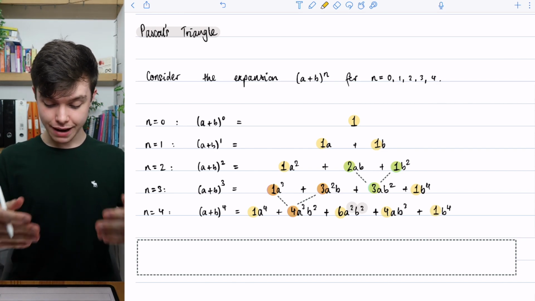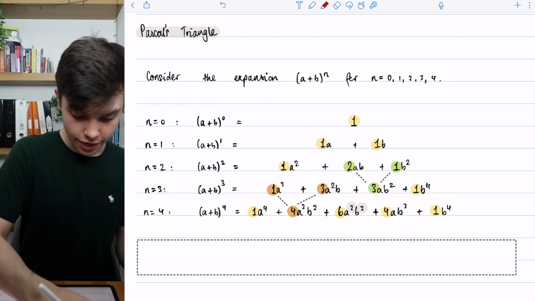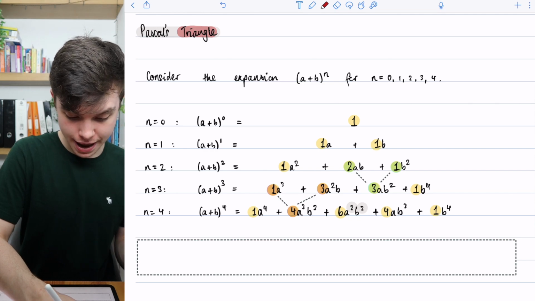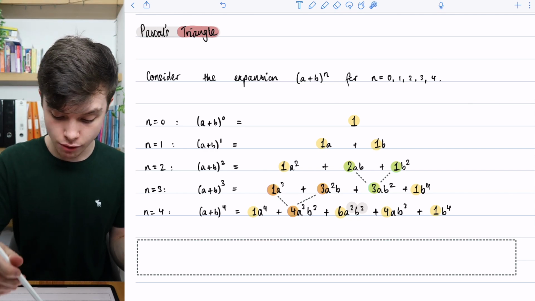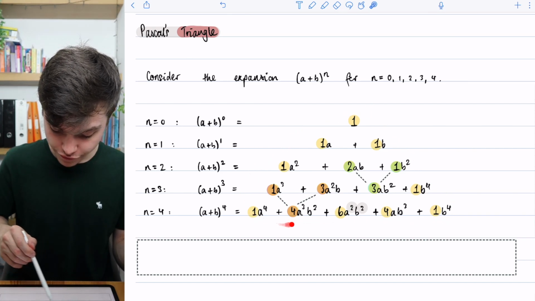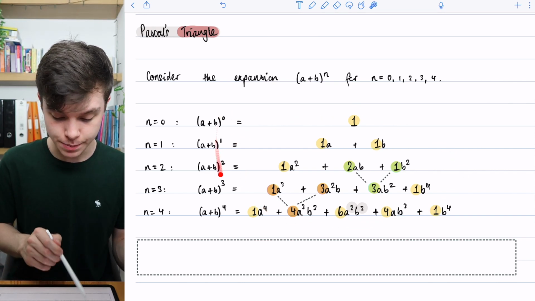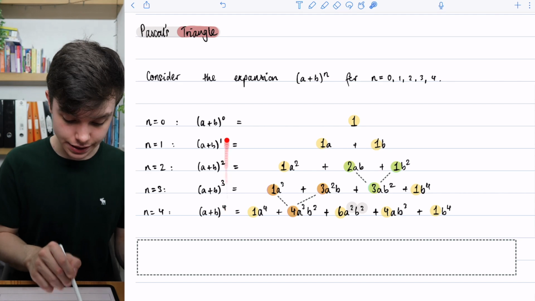As you can see, I've written it so that it makes a triangle. That's because we are looking at Pascal's triangle. Pascal's triangle actually originates from the coefficients of the expansions of these brackets. All we've done to get this is expand these brackets.